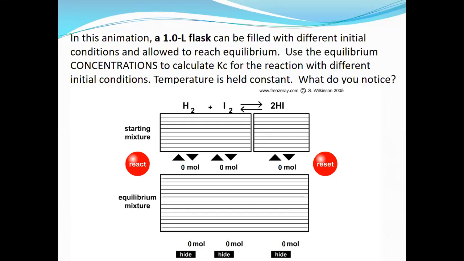When it reaches equilibrium, we'll be able to see what the concentrations are in the equilibrium mixture, and then we're going to calculate the Kc value together. Okay, so what you want to do is note that the volume is 1 liter. You want to note what the initial concentrations are when I start, and then we'll note what the equilibrium concentrations are. Okay, so you may want to create a little table for yourself so that we'll do experiment 1 together.